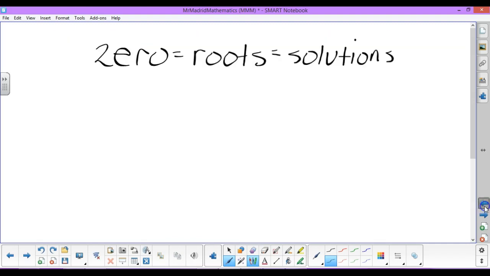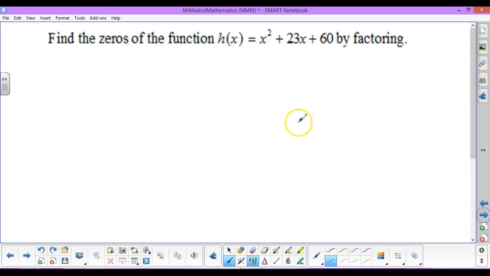I'm missing one here, but this should be sufficient for now. The zeros, roots, solutions, they all mean the same thing. So if you're asked to do any of these three, it's the same process.